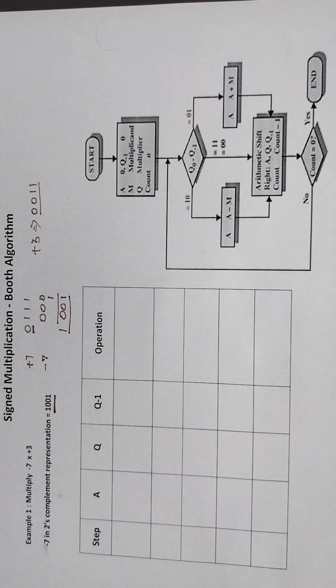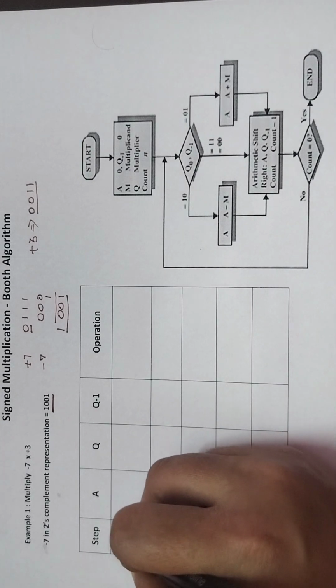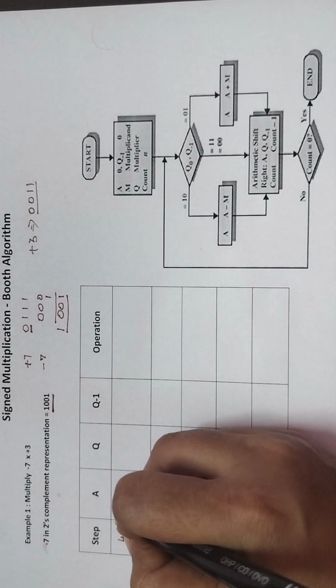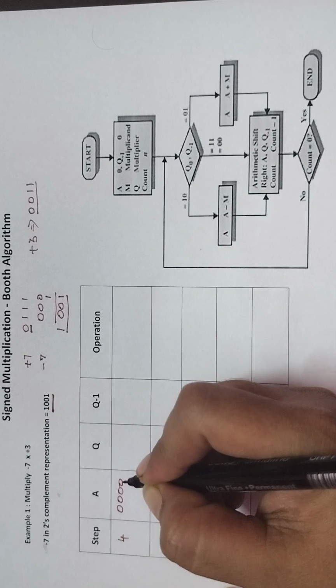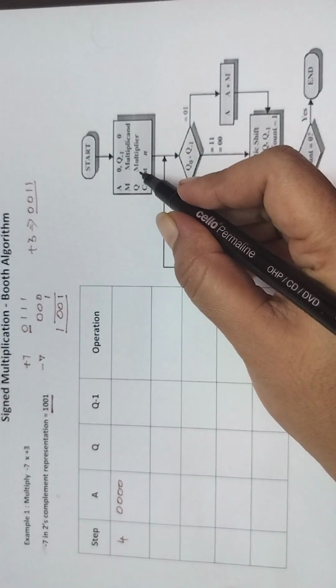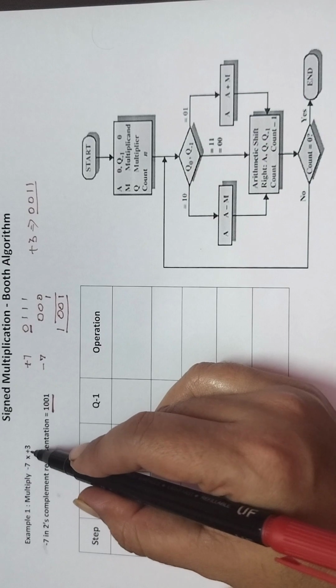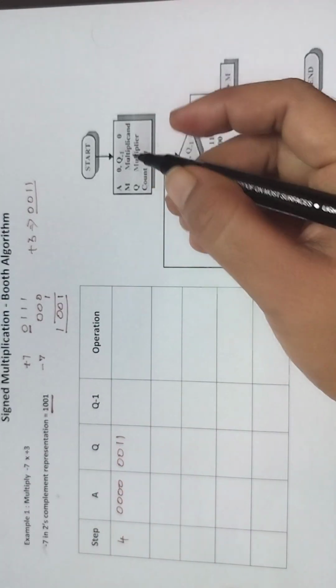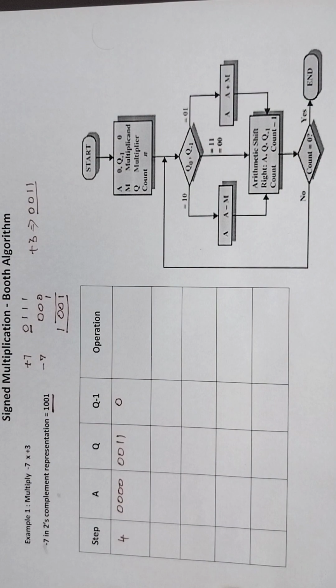Now we'll see the step by step procedure. We have taken count equal to 4. The A register is initialized to 0000, and the Q register is stored with the multiplier, which is 0011. Q minus 1, for initialization, is also equal to 0.